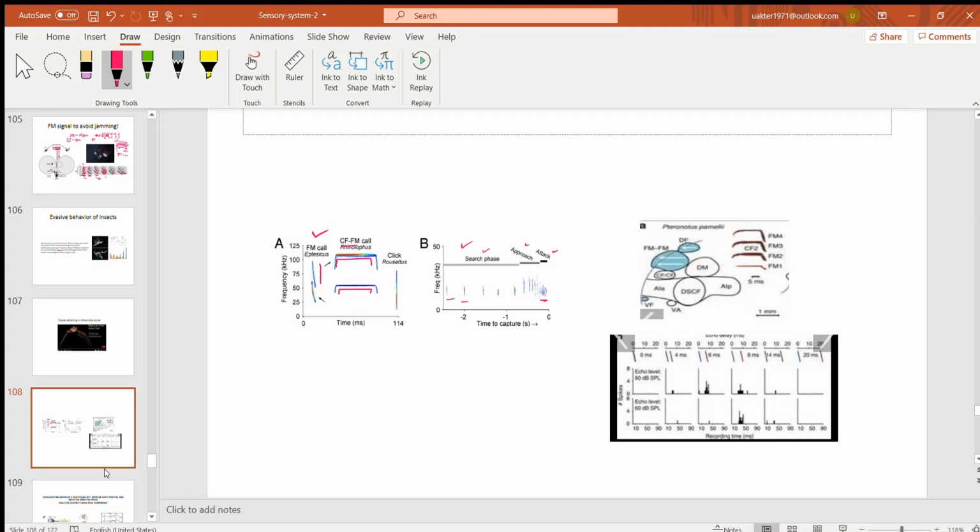Now, in Suga's lab, what they did, they recorded the auditory part of the brain to see how it is different, if it is, from other creatures. And what they have found is very interesting.